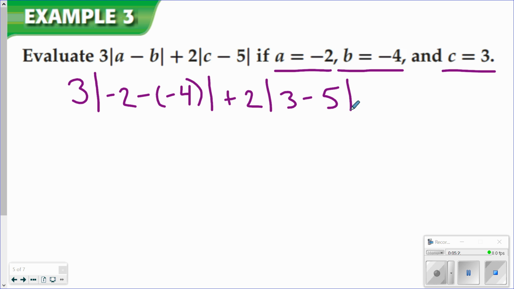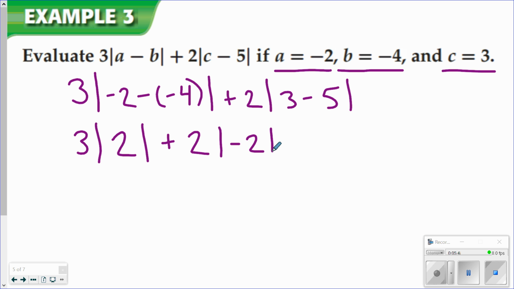Okay, so let's look inside the absolute values. I'm going to keep the 3 on the outside. Negative 2 minus a negative 4. If you have minus a negative, that actually becomes a positive. So negative 2 plus 4 is going to be a positive 2. Plus 2 times absolute value, we have 3 minus 5. Well, 3 minus 5 is a negative 2. Close the absolute value.